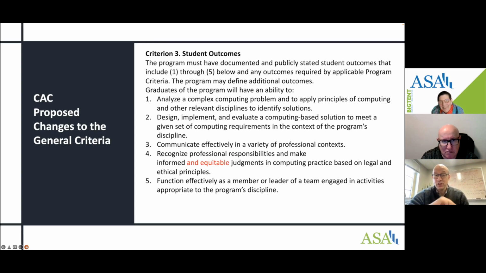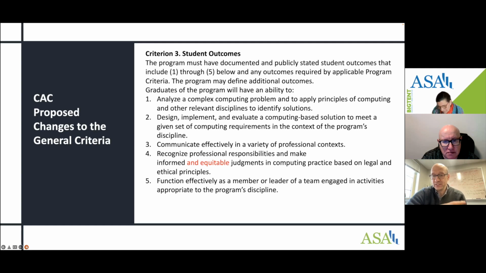Yeah, so you'll notice here that there is a proposed change to add the words "and equitable" in the general criteria. Now, I'm just going to give you a bit of a preview. There are also some proposed changes to the ANSAC general criteria, and they also have to do with language regarding diversity, equity, and inclusion.